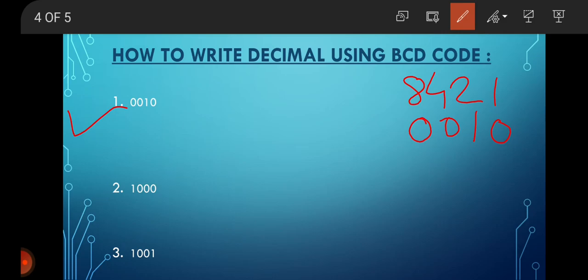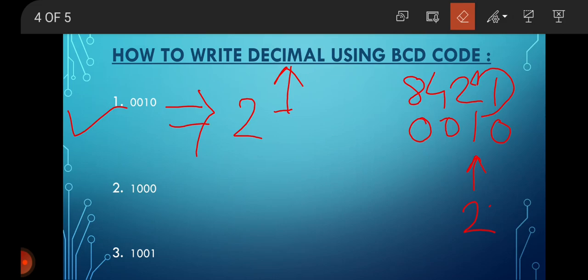Which value got the 1, that is binary 1. Therefore this 1 corresponds to this 2. That means 2 is our decimal number. Therefore, this binary number corresponds to 2, which is our decimal number.